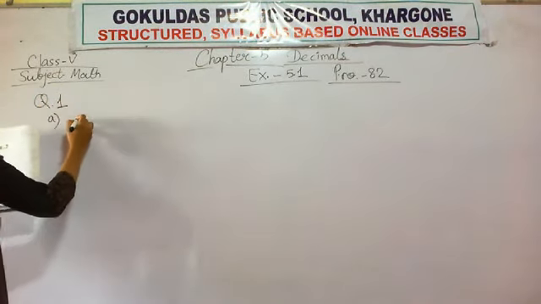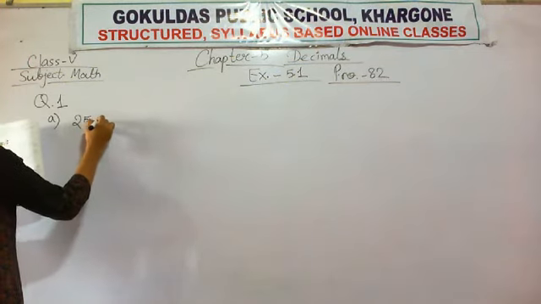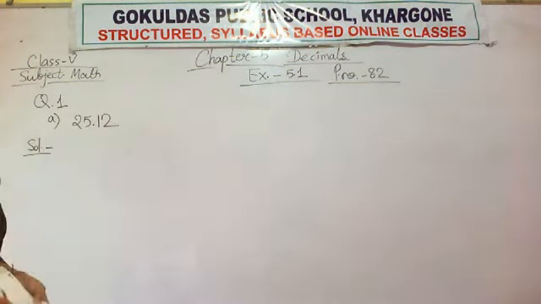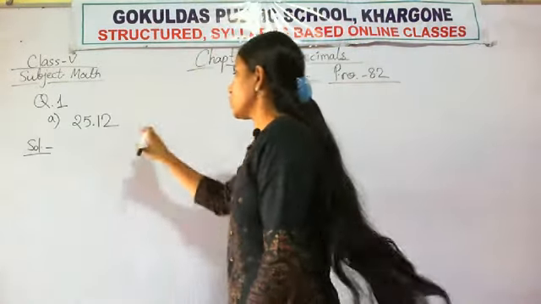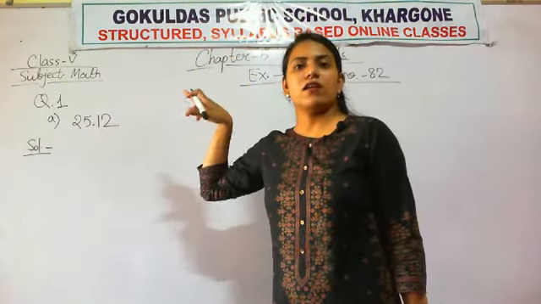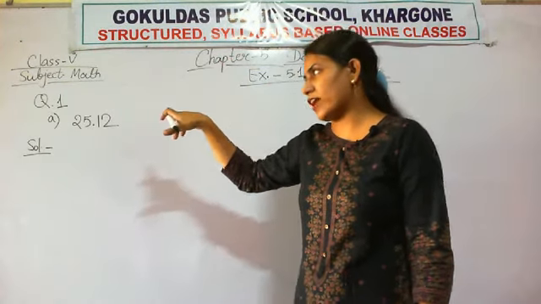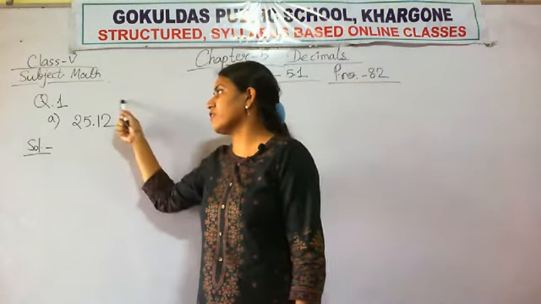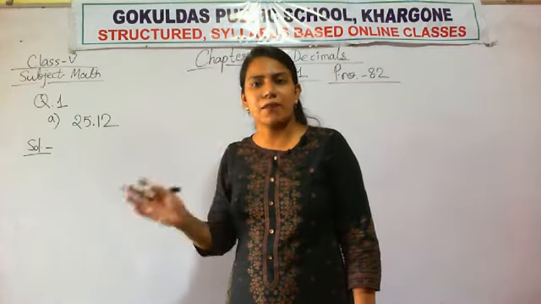Question number 1, part A, 25.12. Should I read it as twenty-five point twelve? No. Why? Because we read the decimal part separately.